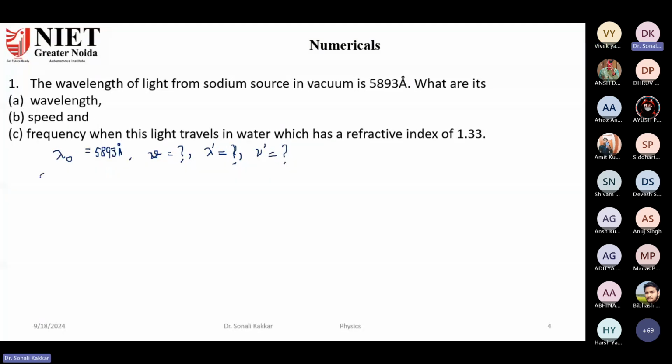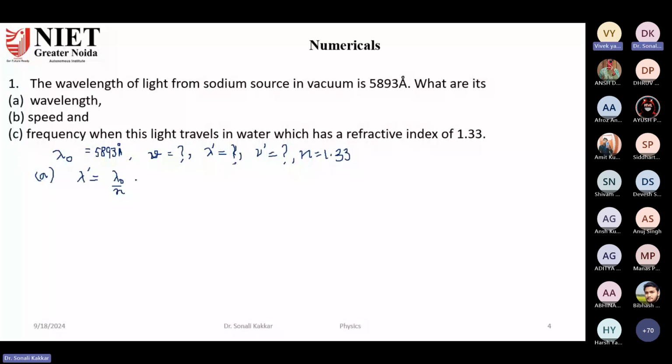First of all, we will calculate the wavelength in the medium. So wavelength is equal to lambda naught divided by refractive index, which is given to be 1.33 for water.